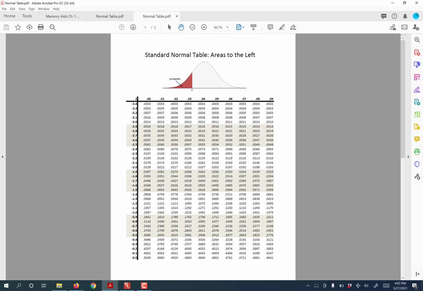Okay, so we're looking for an area of 0.0015. Looks like we're right here at negative 2.96 or negative 2.97. Either way, we'd have to get a calculator to get more precise. Doesn't matter which one you pick. I'm just going to say negative 2.96 because that's what I wrote down earlier.